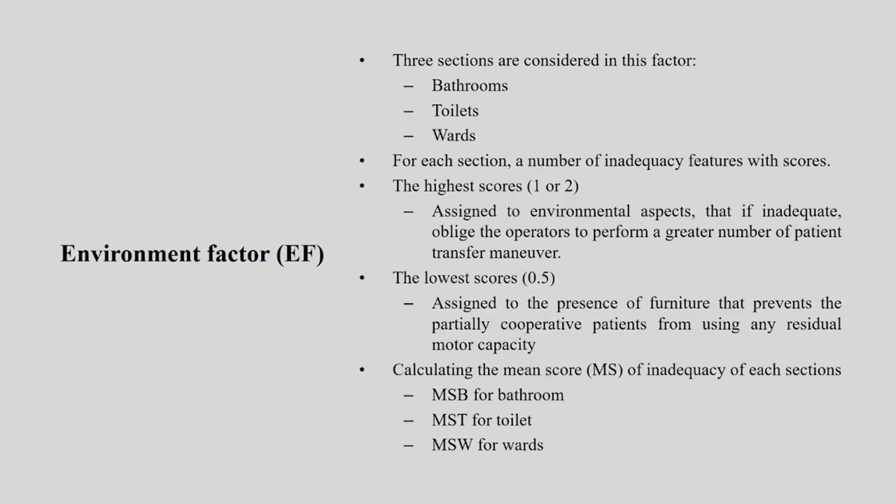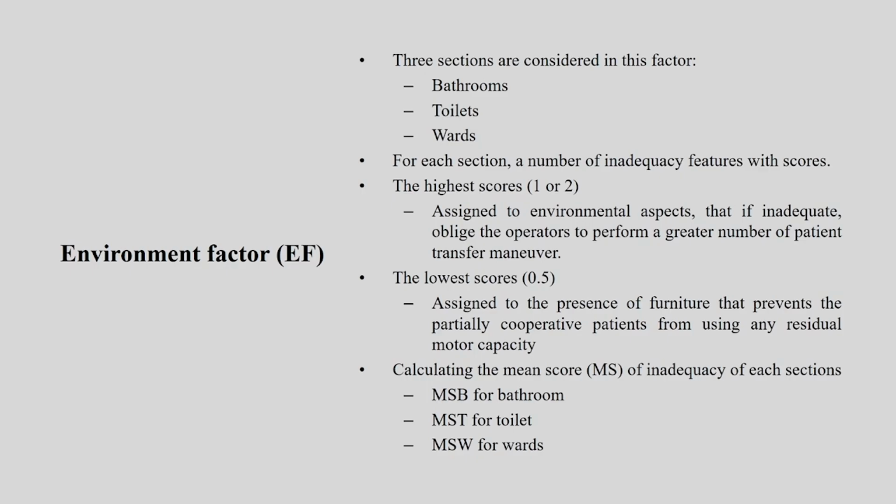Now coming to environmental factor. Three sections are considered in this particular factor. One is bathroom, because that is the major area where you are going to transfer your patient. Second is toilet, and third is the ward. For each section, a number of inadequacy features we need to score.